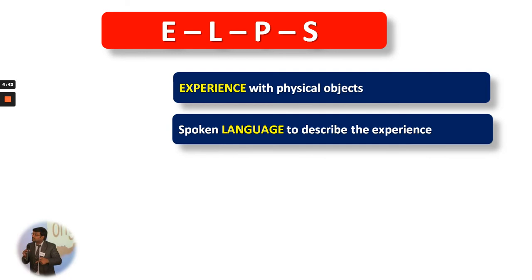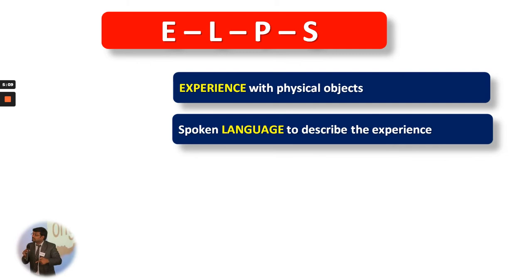So what we actually have to do is, when the students experience the concepts with physical objects, you describe their experience, every step of what they are doing, by using the spoken language.